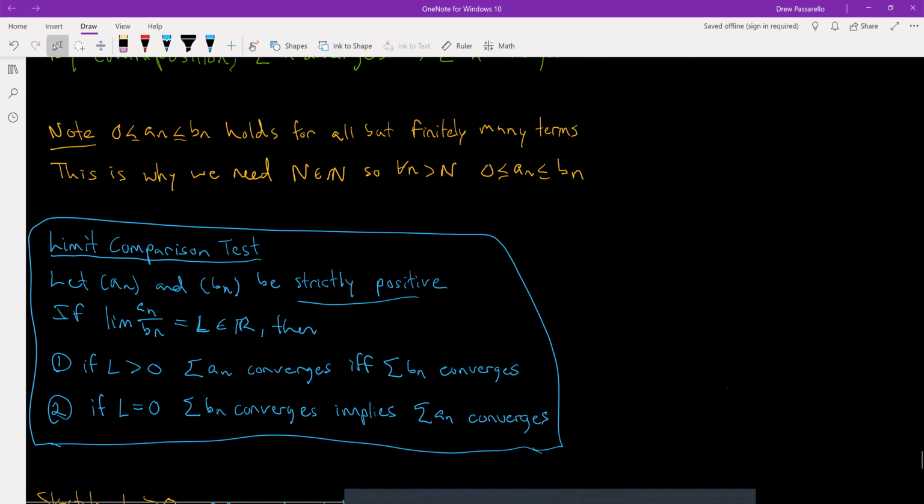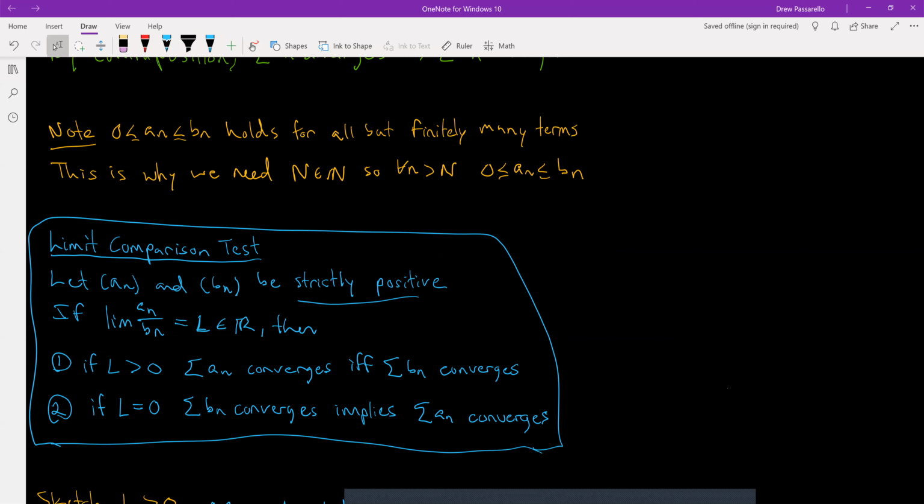Here's the limit comparison test. If you have, again, two sequences, an and bn, and we require them to be strictly positive, then the limit of the quotient an divided by bn, if that equals some real number L, then we have that 1. If the limit is bigger than 0, then the series an converges if and only if the series bn converges.